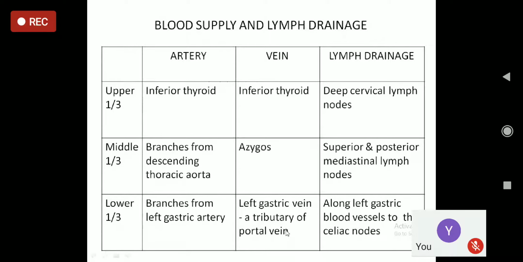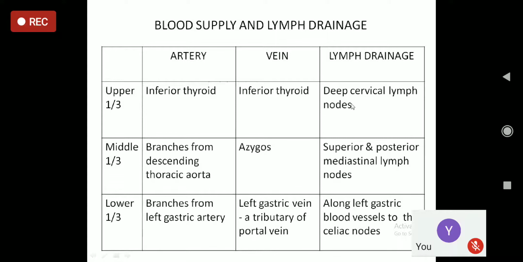Along with this blood supply, the lymphatic drainage: the upper cervical part drains into the deep cervical lymph nodes, as it is near within the neck. The superior and posterior mediastinal lymph nodes are the lymphatic drainage of the thoracic part, and along the left gastric blood vessels to the celiac node is the final site of lymphatic drainage of the abdominal part of the esophagus.